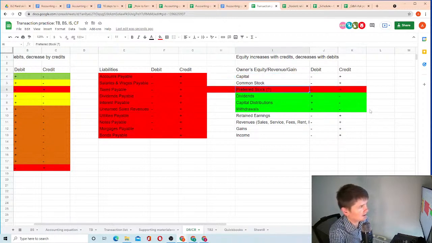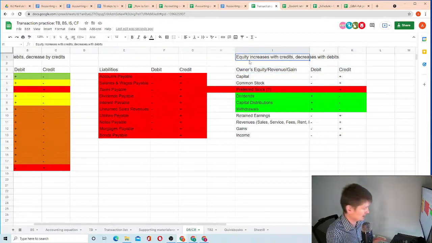I also highlighted preferred stock in red here, because preferred stock is the one which can bear a fixed dividend, and depending on the circumstances, the preferred stock can be classified as a liability. But let's try to keep our focus on simple transactions.